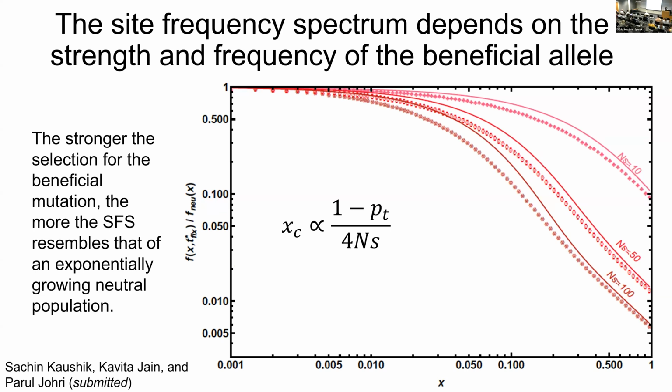Building this theory, one thing we know is that the site frequency spectrum depends very much on the strength and the frequency of the beneficial allele. So we may be able to make methods that get that information out of the site frequency spectrum in these asexually reproducing populations.